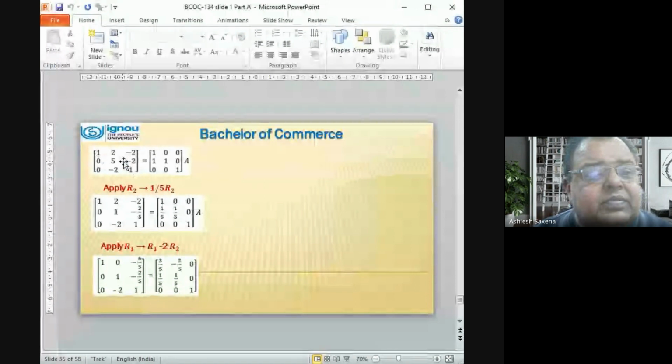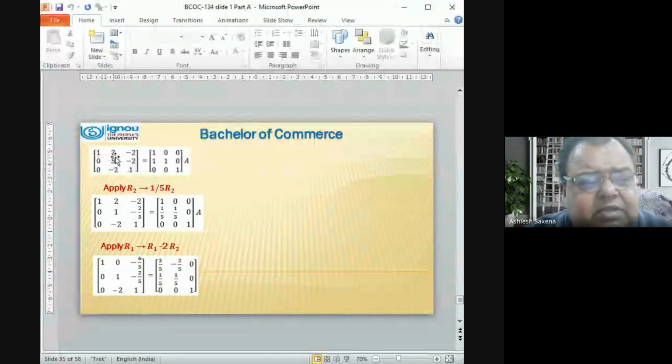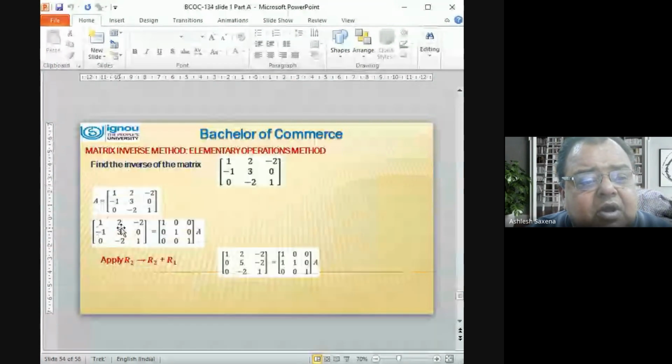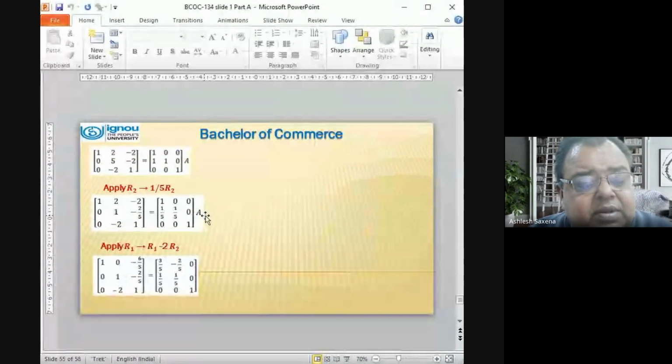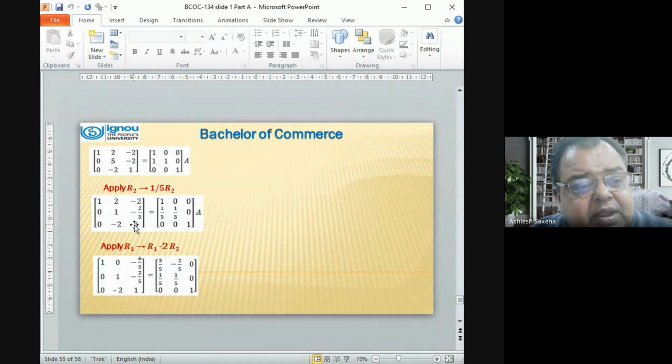There are different methods of doing it. You can make this 0 or this 1, because on the diagonal you have to convert by multiplying by 1 by 5. So this will be 1, this will become minus 2 by 5, this will become 1 by 5, this will become 1 by 5, and this will remain 0. Now you can see in the diagonal you have 1. The maximum problem has been solved.